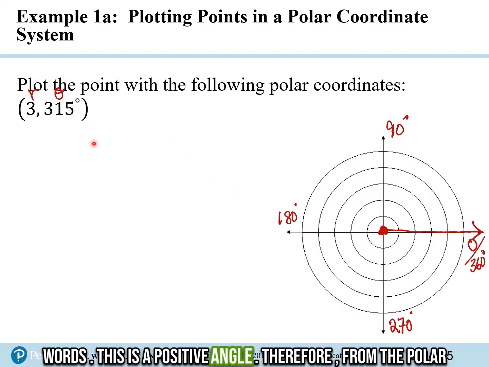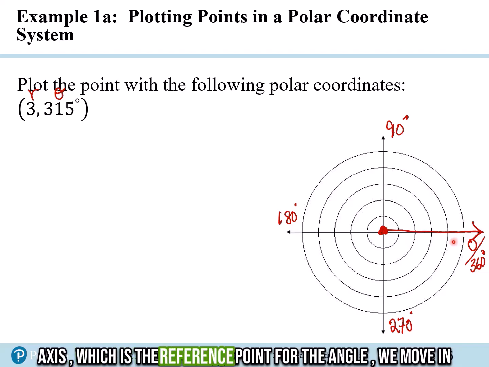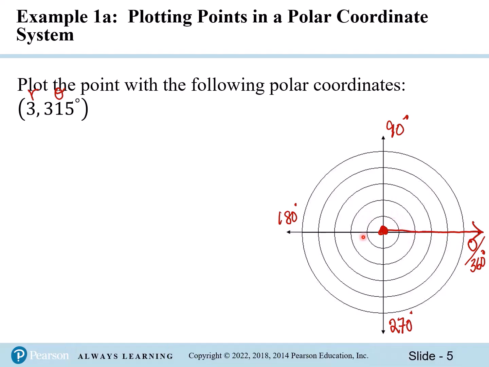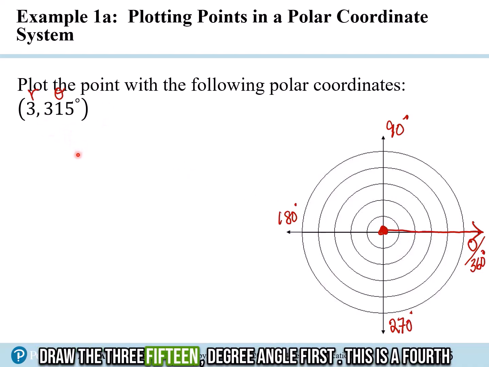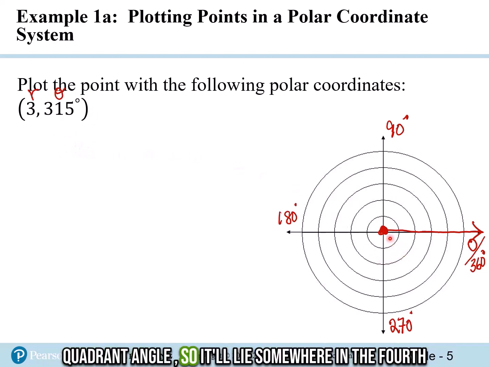This is a positive angle, therefore from the polar axis, which is the reference point for the angle, we move in the counterclockwise direction, just like in the case of a standard angle. Let's draw the 315-degree angle first. This is a fourth quadrant angle, so it'll lie somewhere in the fourth quadrant.